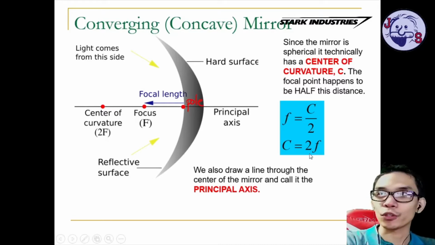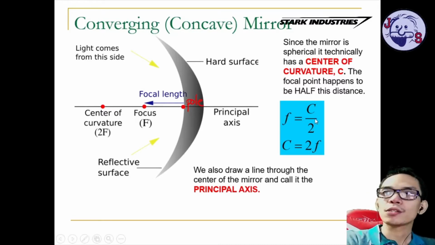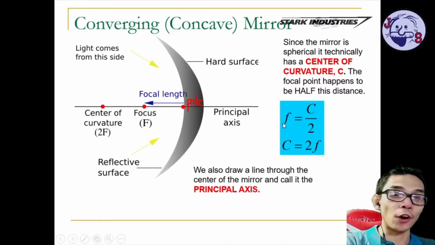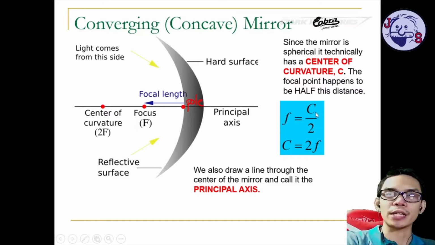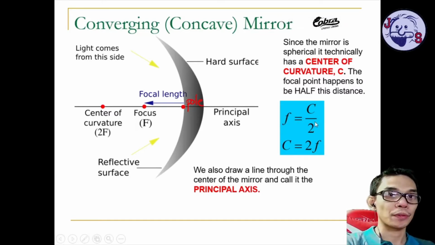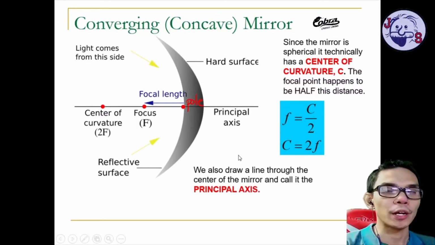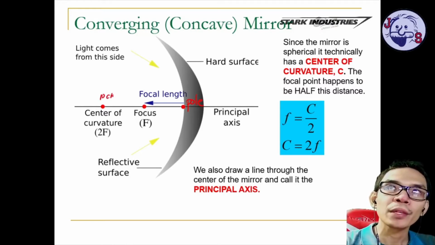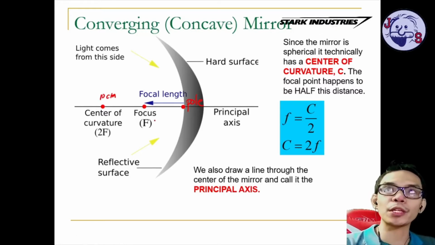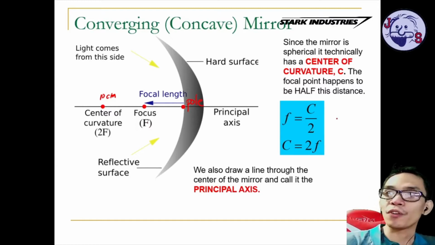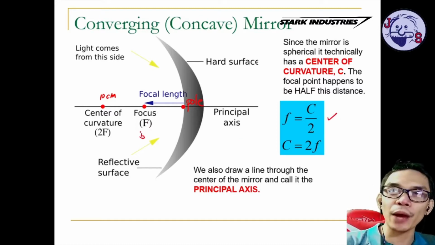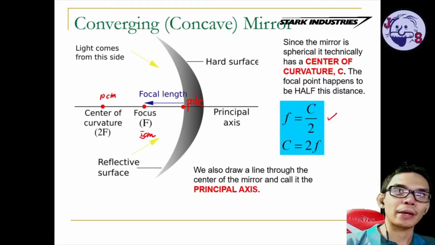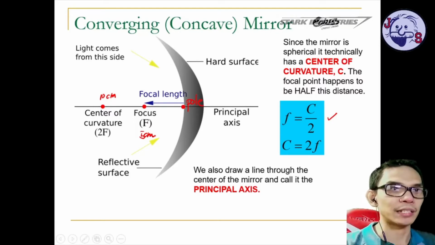So the focal point or focus is the center of curvature over 2. For example, if your center of curvature is 10 centimeters, the focus will be 5 centimeters. That's the key thing there.